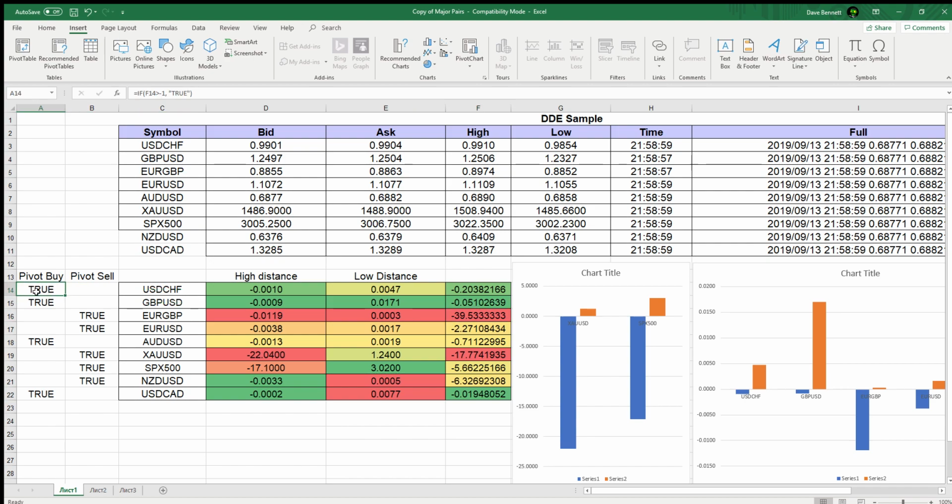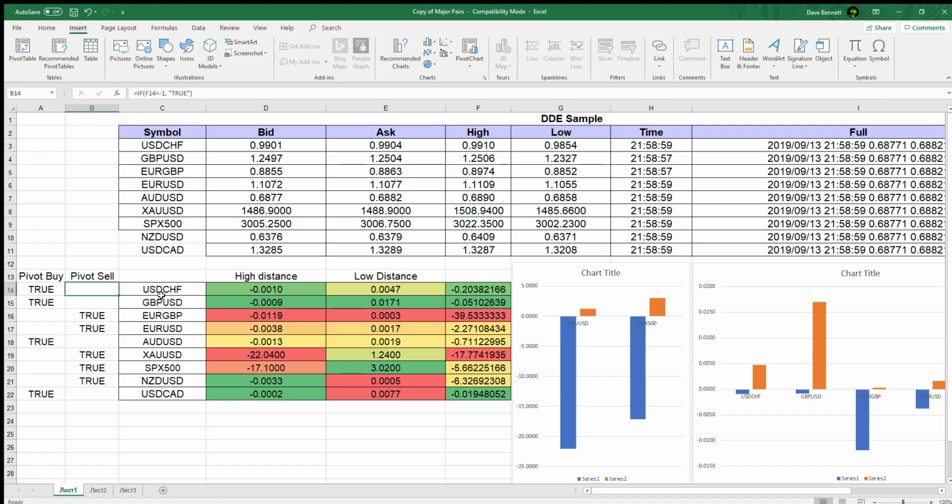So the equation here, it took me a little while to figure out, but in order for something to become a buy, it needs to cross the threshold, the halfway point from the live price. So it would be the halfway point between these two values from the high and the low. So it has to satisfy whether or not that is greater than -1 in order to become a buy.